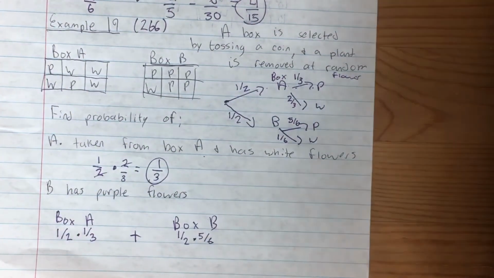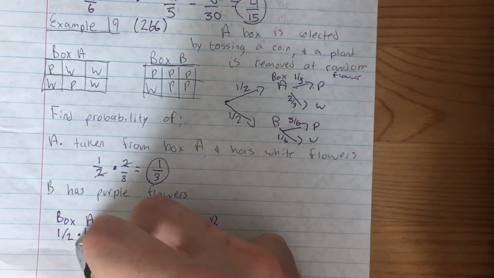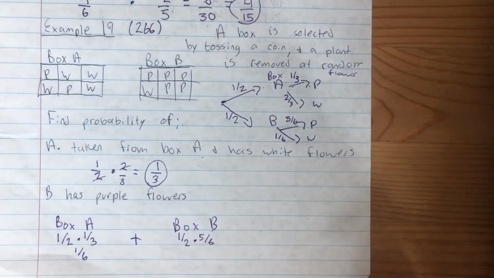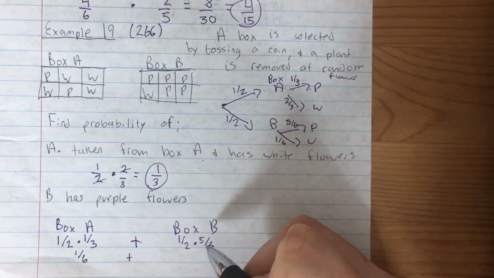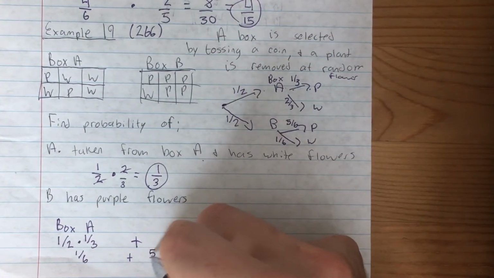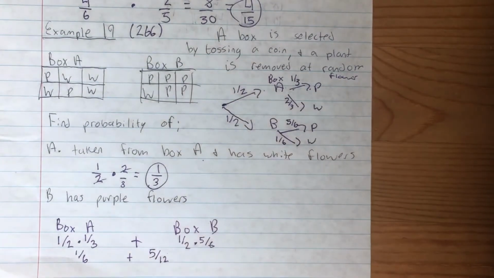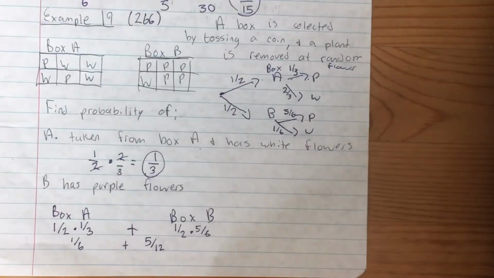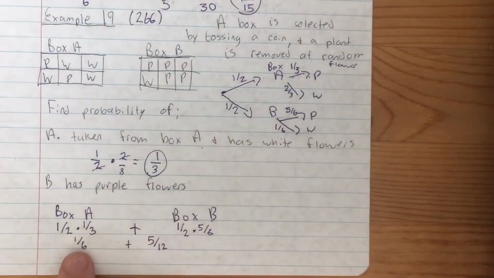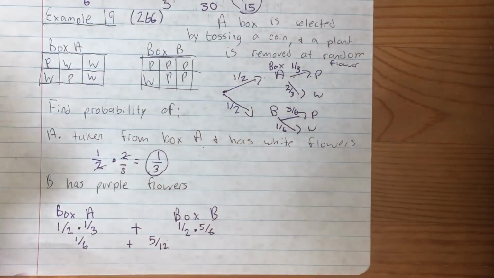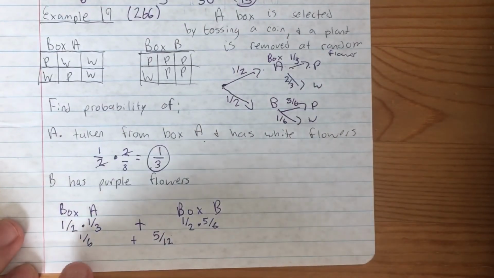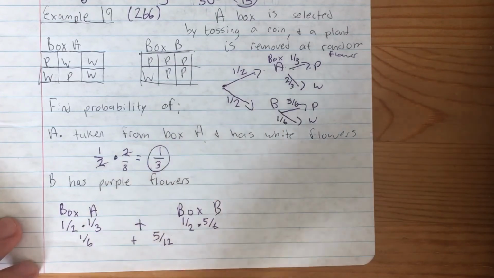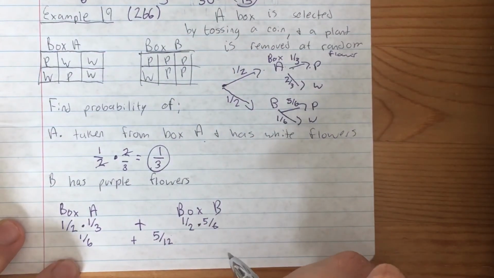That's going to give us 1/6 for the first and 5 out of 12 for the second. To combine these two, we'll have to get a common denominator, because you cannot add fractions unless they have the same denominator. What can I multiply 6 by to get 12?